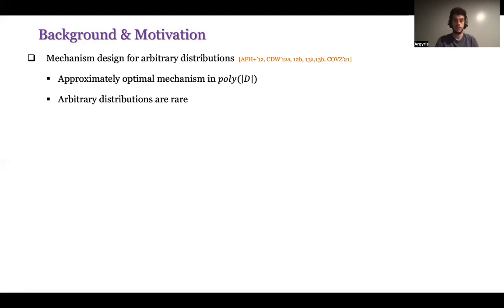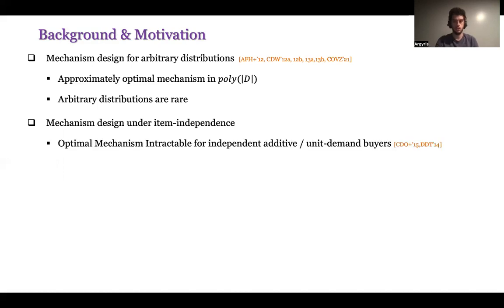However, arbitrary distributions are uncommon. On the other hand, item independence can be considered a natural and popular class of structured buyer distributions. Unfortunately, optimal mechanisms are known to be intractable even for a single additive or unit demand buyer under item independence.